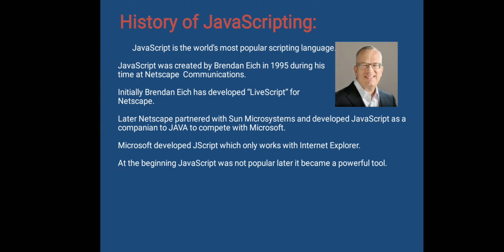And Microsoft developed JScript. JavaScript and JScript are different. JScript works only with Internet Explorer. In those days, JavaScript was not that popular. Later on, it became a powerful tool in creating dynamic web pages.